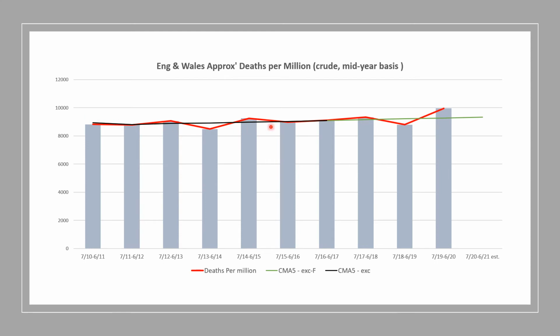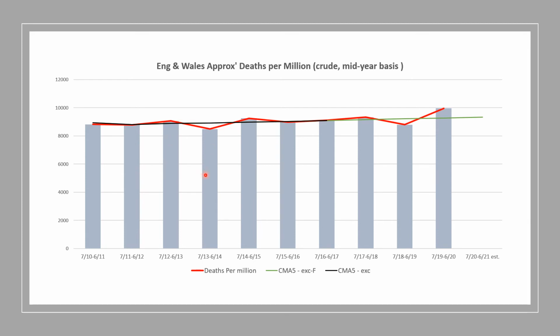The black line shows this centered moving average over 5 years. So for example, 2012 to 2013, the black line is calculated by this year plus this year plus this year plus this year plus this year divided by 5, and we can see that expected value, that trend value, is below the value that was actually observed.